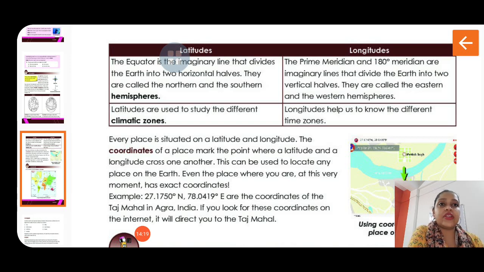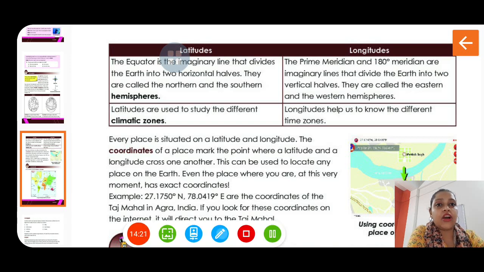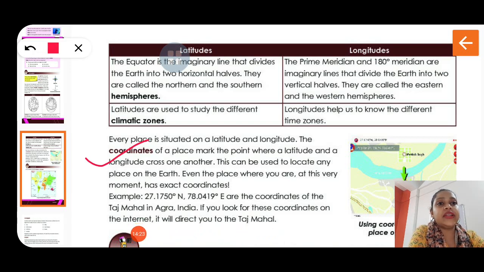Okay, so what is the coordinate of a place? The coordinate of a place marks the point where a latitude and the longitude cross one another. This can be used to locate any place on the earth. Even the place where you are at this very moment has exact coordinates.